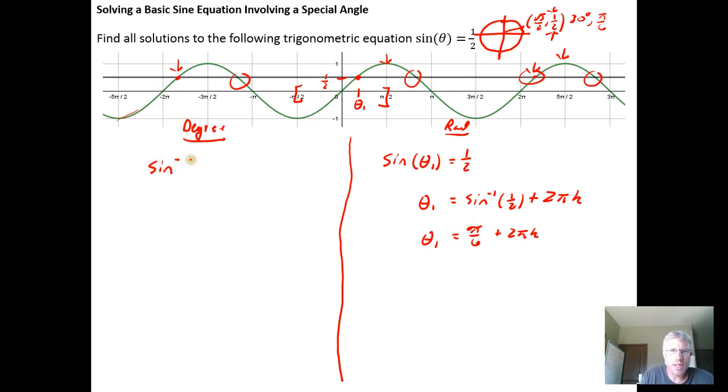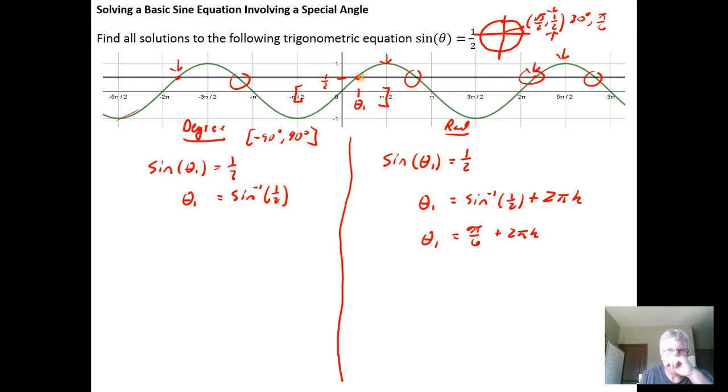If I were working in degree world, everything would be playing out exactly the same. I would just get sine of theta 1 equals 1/2, and then I would take the sine inverse of both sides. But I would recognize that this is the principal angle. It's between negative 90 degrees and 90 degrees, still corresponding to this one. Here's theta 1.